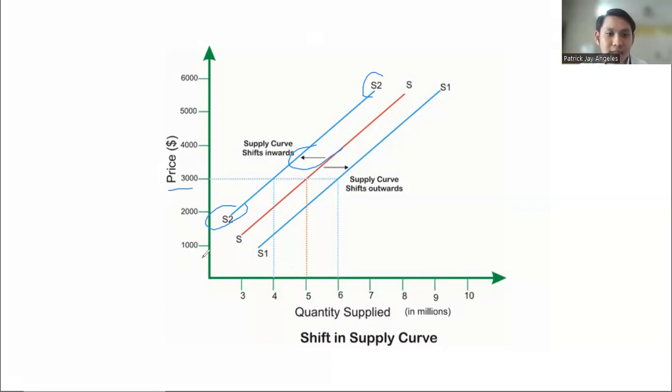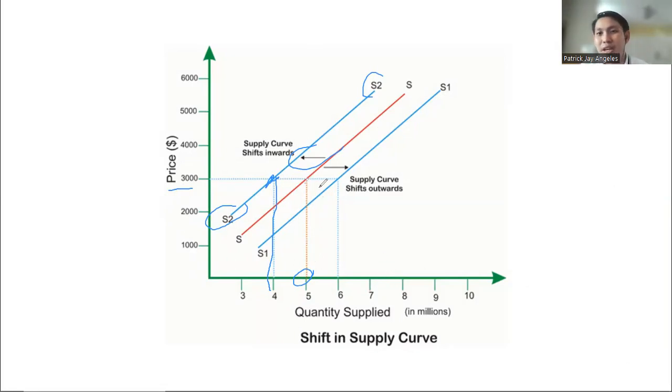Same, price is 3,000, but here, from the original supply, let's say for an example, 5 million yung kaya nilang ma-supply for 3,000 pesos, 5 million product. Or let's say 5,000 para maging realistic.